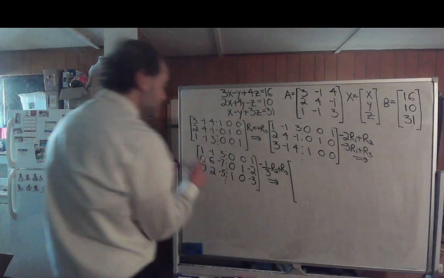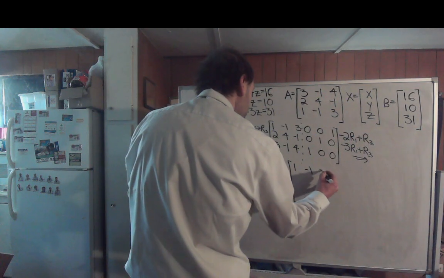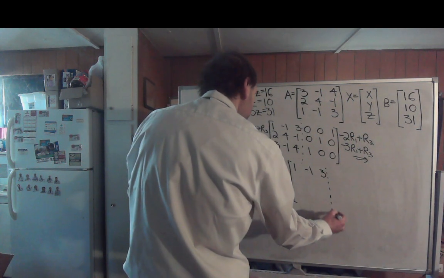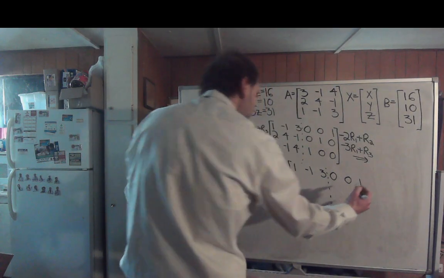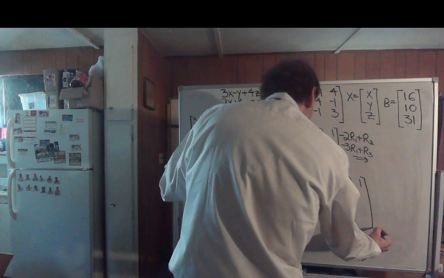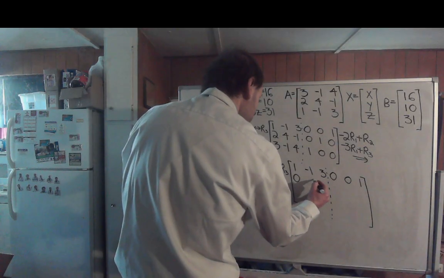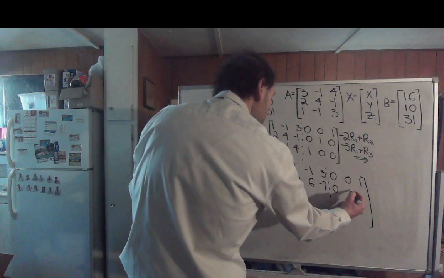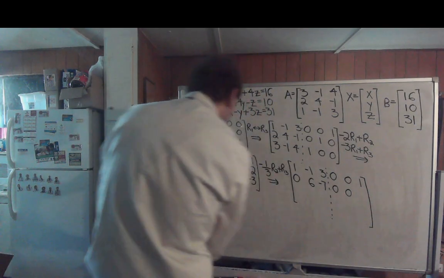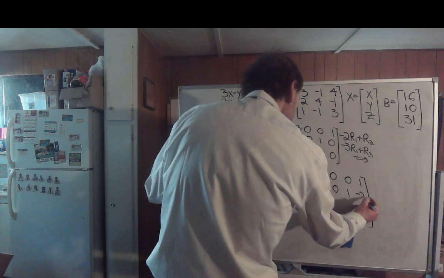So row 1 is not affected just yet. 1, negative 1, 3, 0, 0, 1. Alright, row 2 itself is still not affected just yet. Whoops, that's wrong. Hold on a minute. 0, 1, negative 2. There we go.